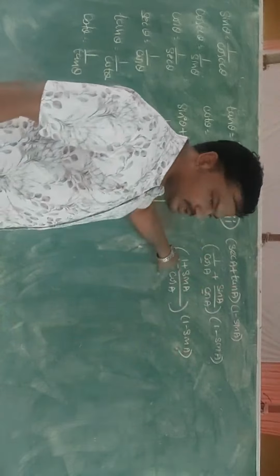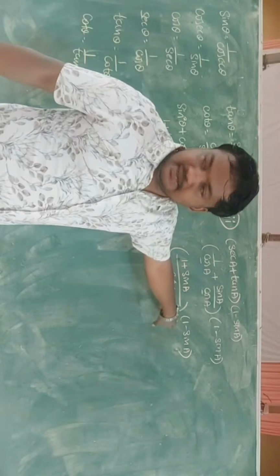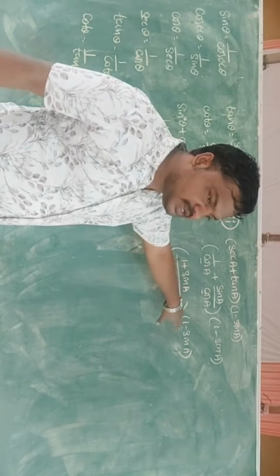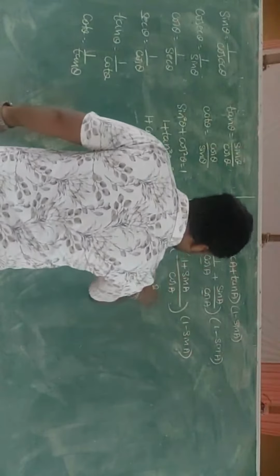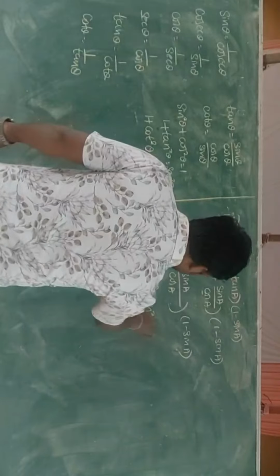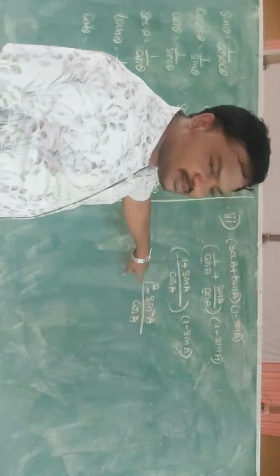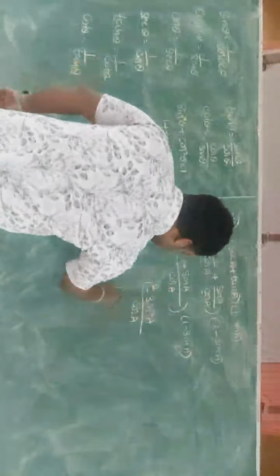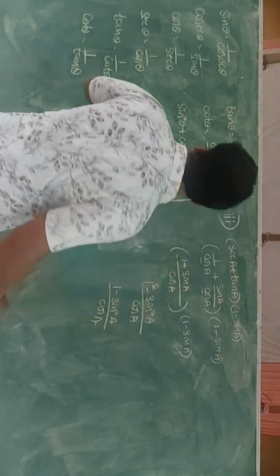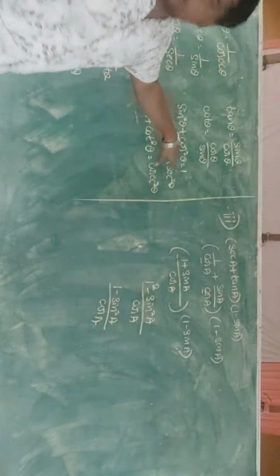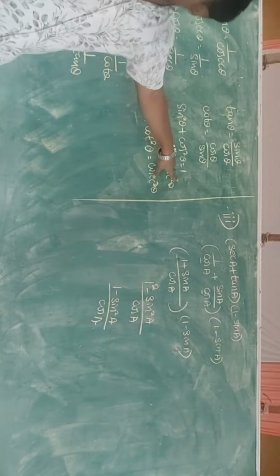See the numerator. Here 1 plus sin A, here 1 minus sin A. It looks like the form A plus B into A minus B, which is nothing but A square minus B square, divided by cos A. So 1 minus sin square A divided by cos A. See the identities: sin square theta plus cos square theta is equal to 1, so 1 minus sin square theta is equal to cos square theta.